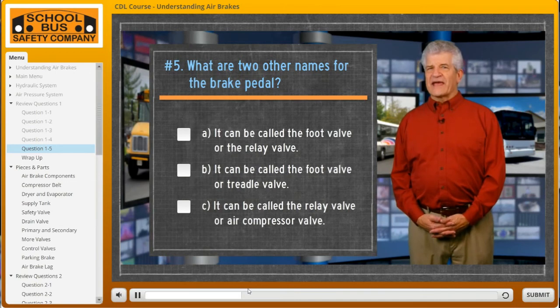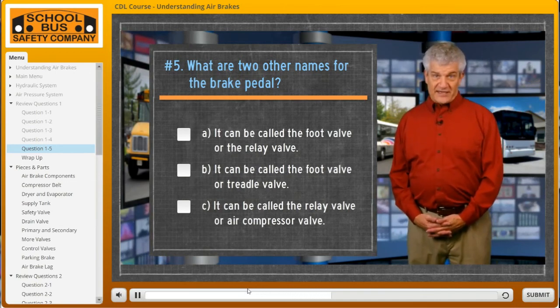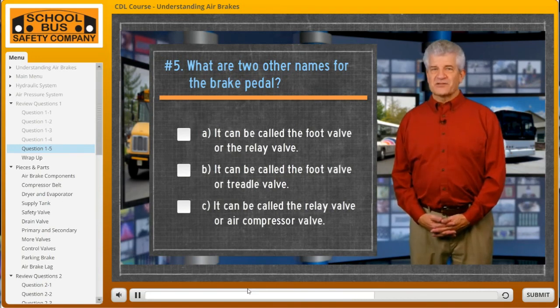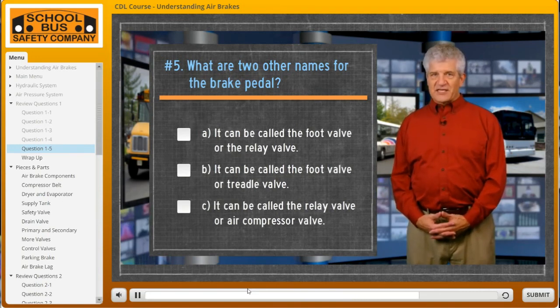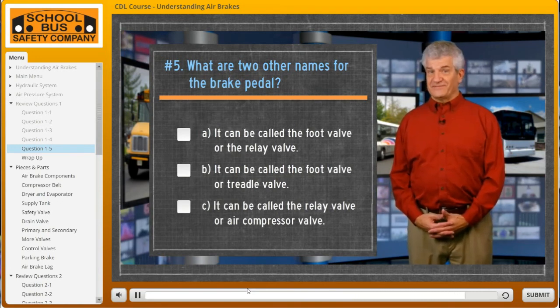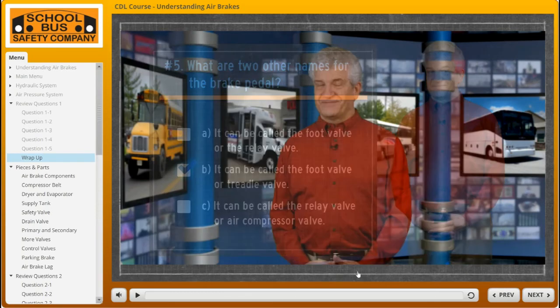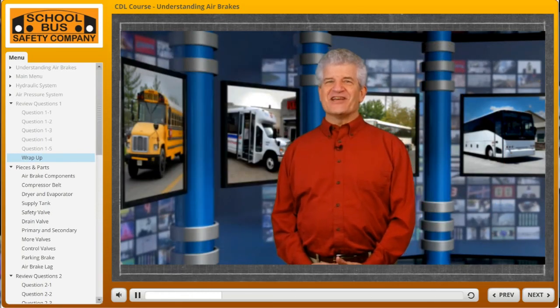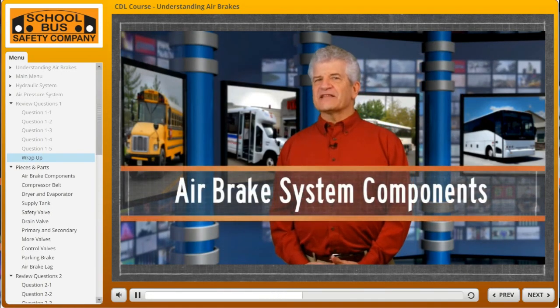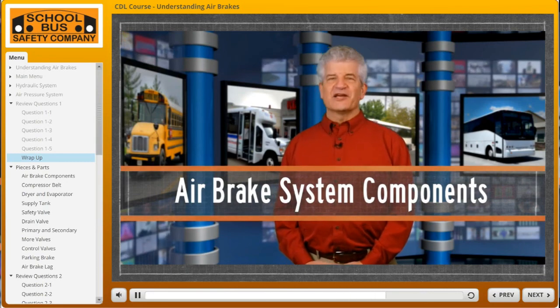What are two other names for the brake pedal? Remember that with hydraulic brakes, the pedal pushes a piston in the master cylinder, but with air brakes, the pedal opens a valve. Okay, good job. Now let's look at the pieces and parts of the air brake system.